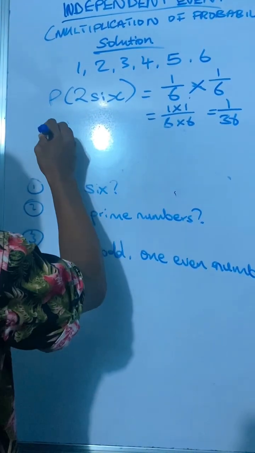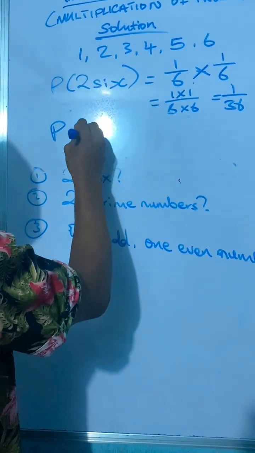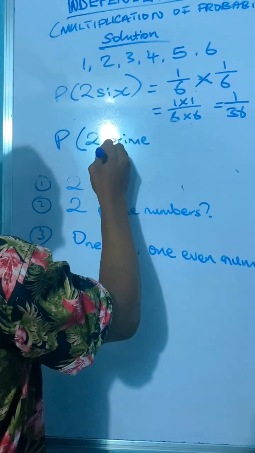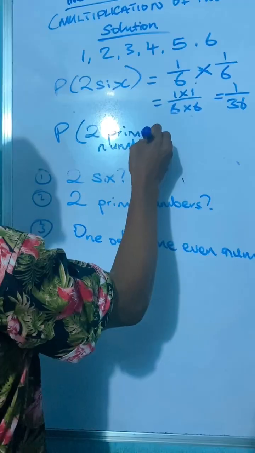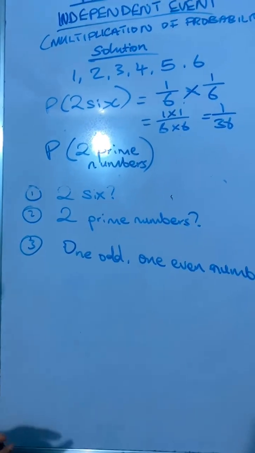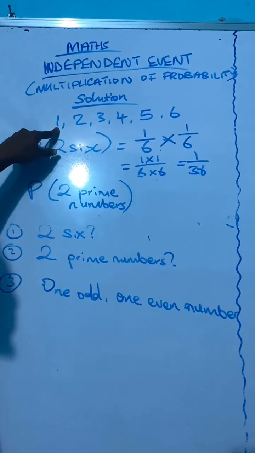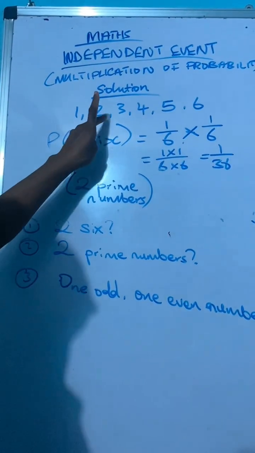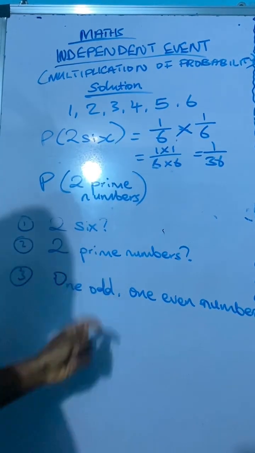The next one is probability of getting 2 prime numbers. If you have been following our class, you know that 1, I've always said, is not a prime number. When we talk about prime numbers, we talk about 2, 3, and 5, right?